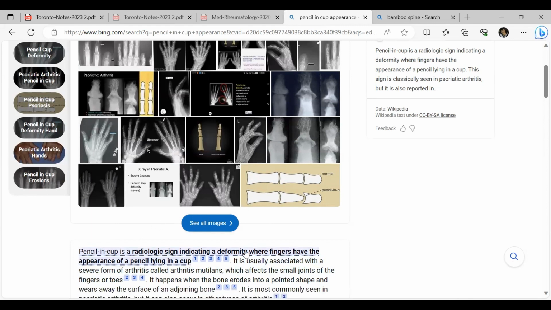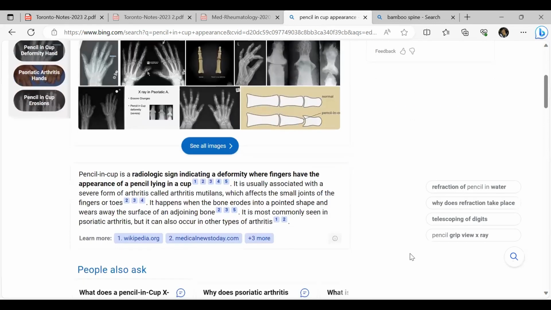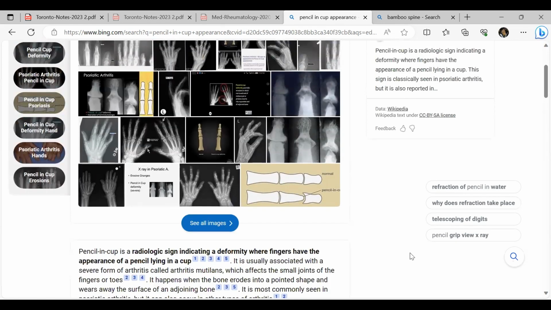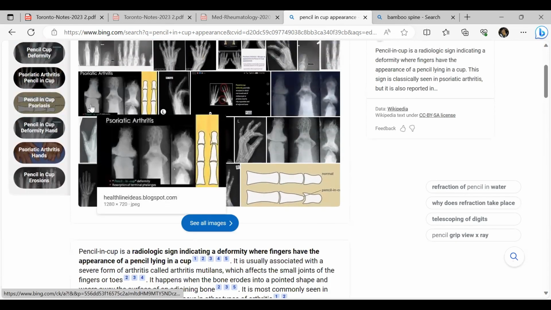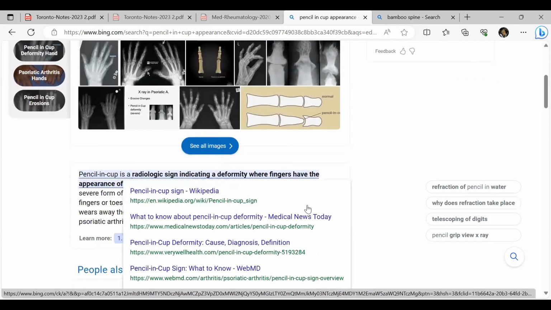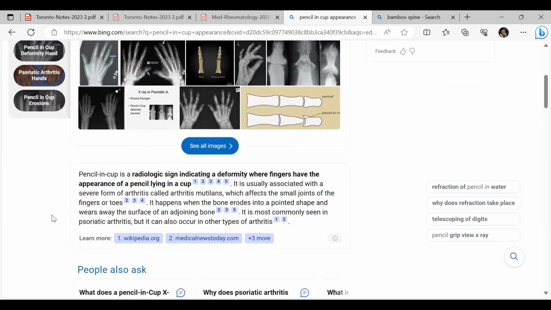Pencil in the cup is the radiological sign indicating deformity where the fingers have the appearance of a pencil lying in a cup. This sign is classically seen in psoriatic arthritis and is associated with a severe form of arthritis called arthritis mutilans, which we just read.